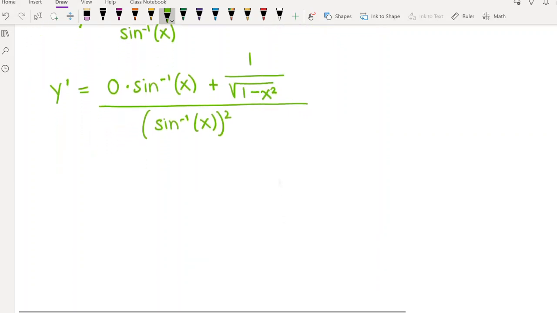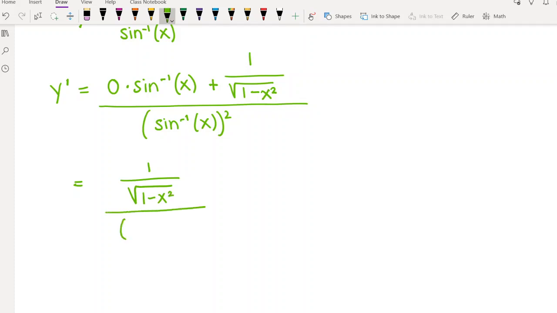So if we put this together, it's going to be 1 over the square root of 1 minus x squared, divided by inverse sine of x, squared.